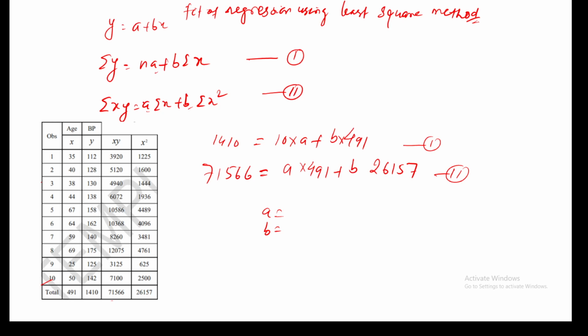I will solve. Let me try. Two unknowns. Equation 1: I have 10, 491, 1410. Equation 2: 491, 265157.